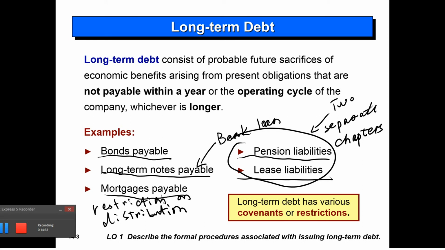So what can they do to restrict the distribution? They put it in the form of a covenant attached to the bond or attached to the bank loans. And the covenant may stipulate that the company is not allowed to distribute dividends beyond a certain amount, or not allowed to distribute more than, let's say, 50% of the profit made in the current year.